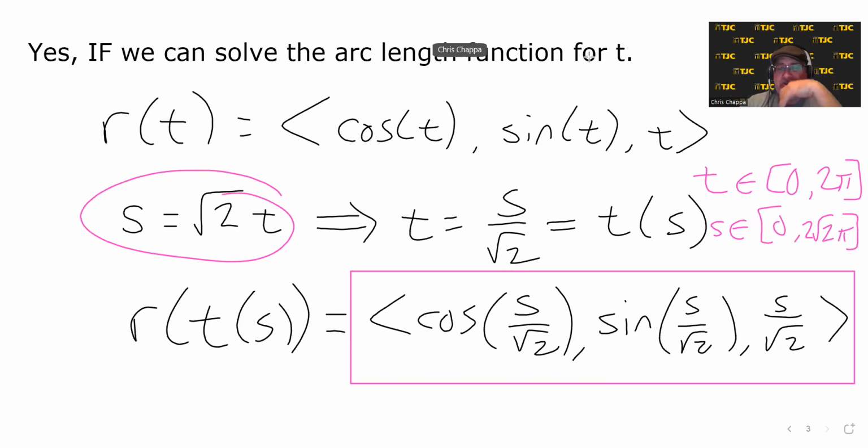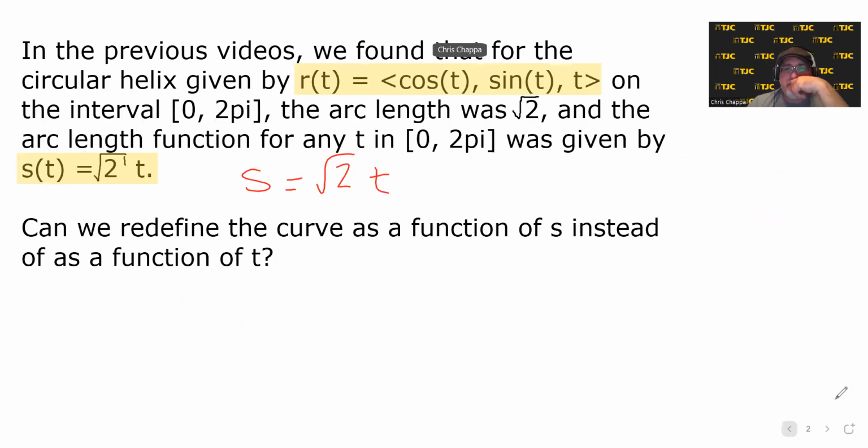Now, something seems a little fishy here because our original arc length was square root of 2. So why would the arc length go all the way to 2 square root of 2 pi? 0 to 2 pi was our interval, I believe.